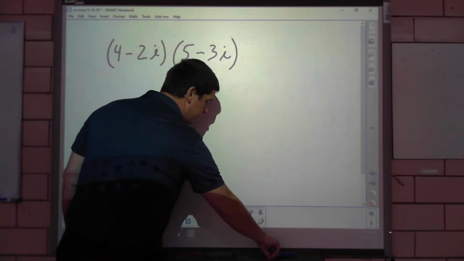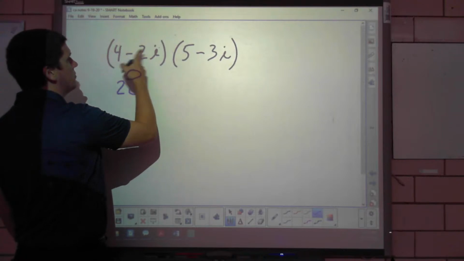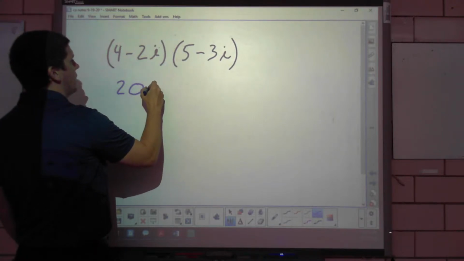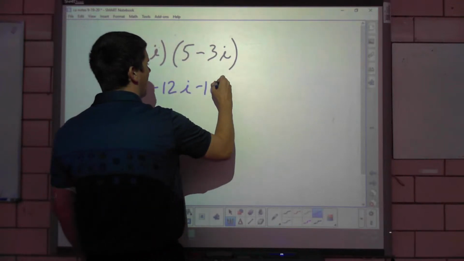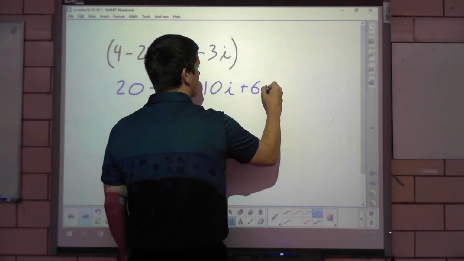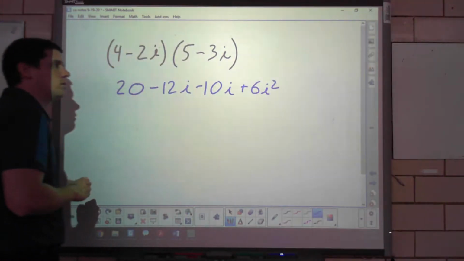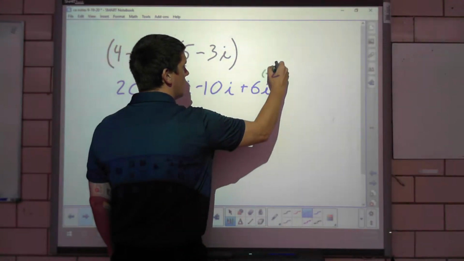So I'm going to FOIL. So that's going to be 20, and then minus 12i minus 10i plus 6i squared. So again, this is negative 1.